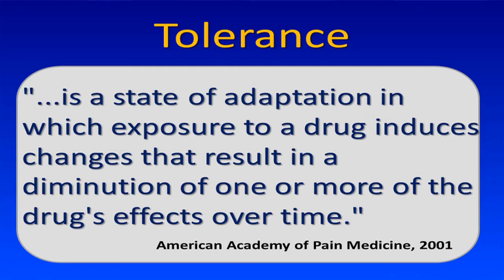In the tolerance, physical dependence, and addiction, there's low opioid addiction rates in the patient treatment. Once again, tolerance is a state of adaptation in which exposure to a drug induces changes that result in a diminution of one or more of the drug's effects over time. In other words, the drug is losing its effect, and the patient may require more of that type of medication.